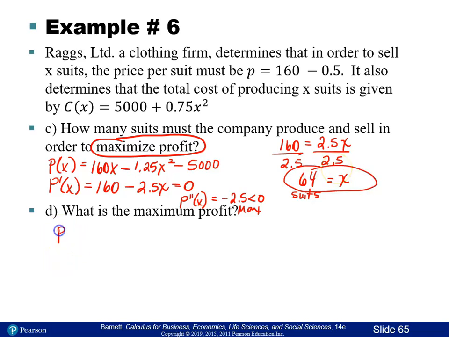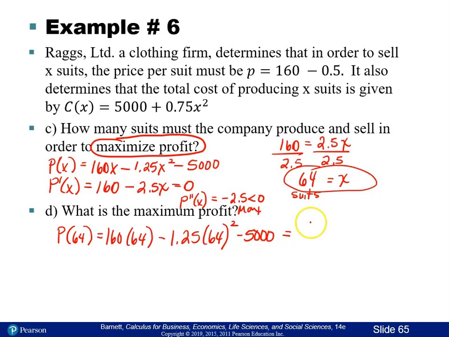So the actual maximum profit is going to be plugging the 64 into the profit equation. And so that gives us $120 would be the maximum profit for this scenario.